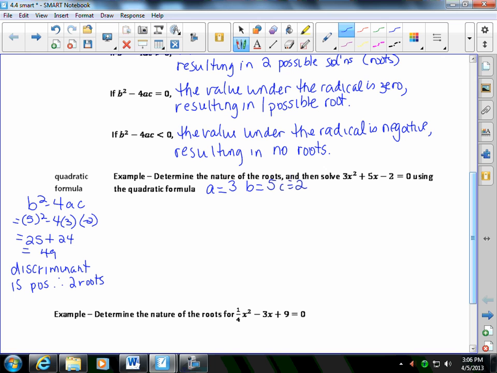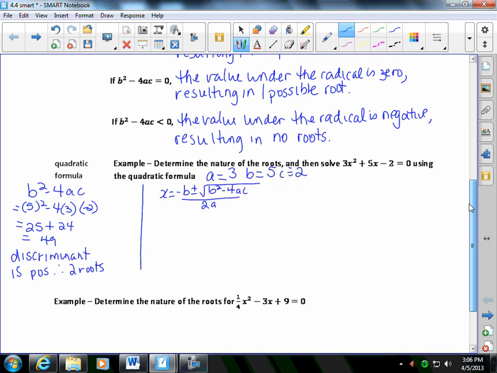I've done that part. Then it says use the quadratic formula to solve. So quadratic formula, write it out. X is equal to negative b plus or minus square root b squared minus 4ac all over 2a. So now it's just a matter of substituting and solving.